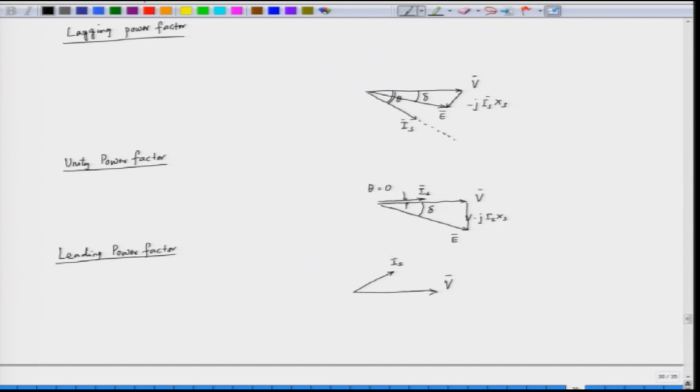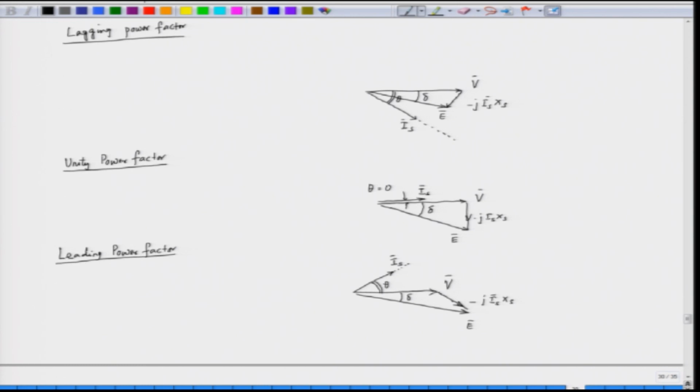So, Is leads the voltage by an angle theta, and what about the drop across the reactance? We have to see that this makes a 90-degree angle here. So, this is the drop across the reactance. So, this is minus j Is Xs, and if we join these 2 points, we get E here, and this angle is delta, the torque angle, and E again lags behind the voltage by an angle delta.